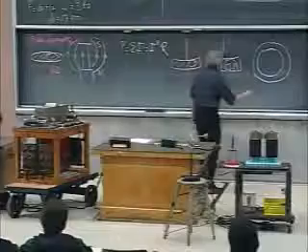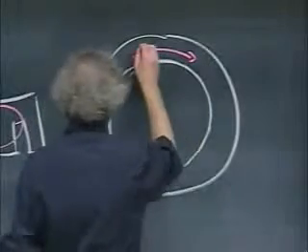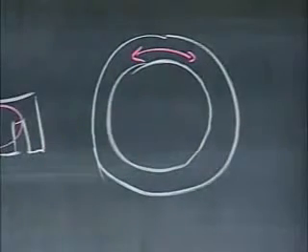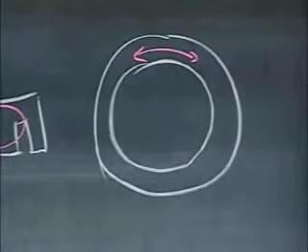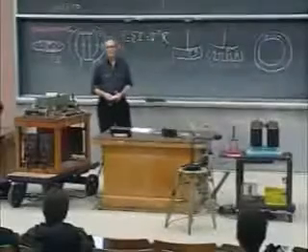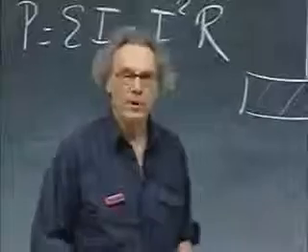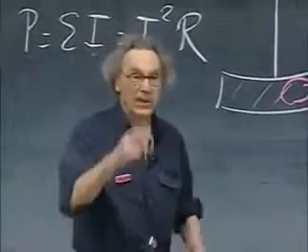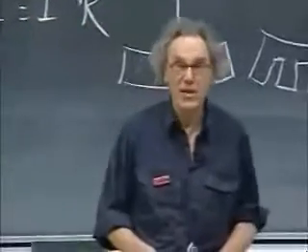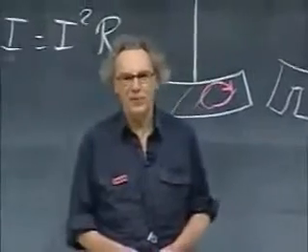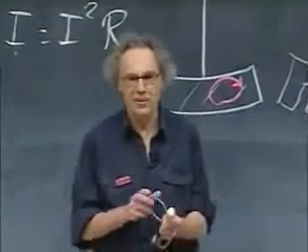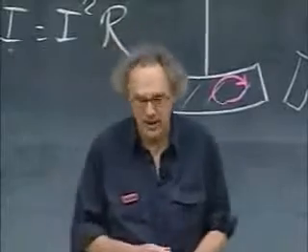It could be in this direction or in this direction, I don't know, but it will flow to oppose the change. And so as it enters the magnetic field, when the flux is increasing, it will be damped. When it is in the magnetic field and the flux is not changing very much anymore, there will be no damping. But when it comes out of the magnetic field, the flux is changing again through the circuit, it will be damped again, and you can see that.